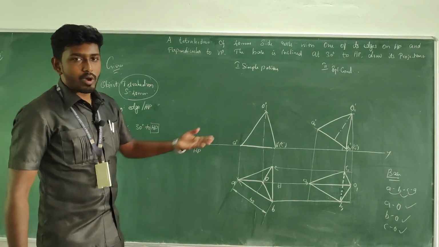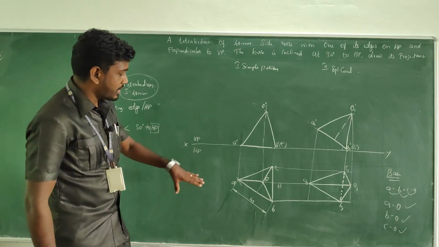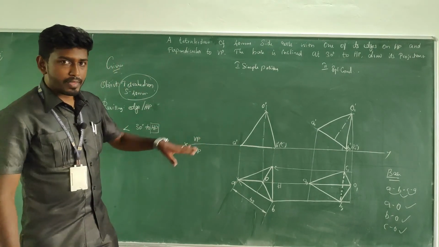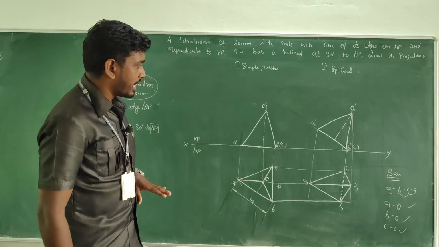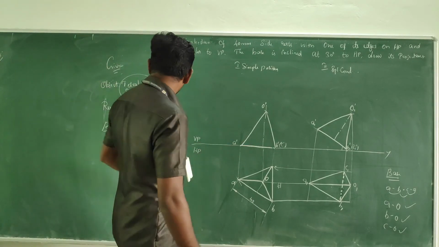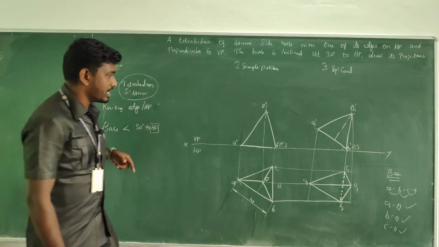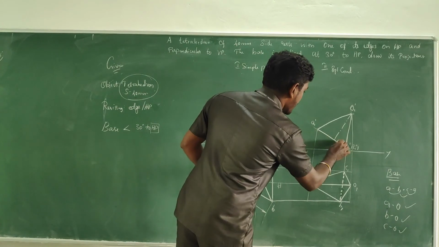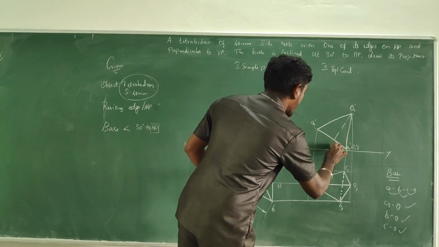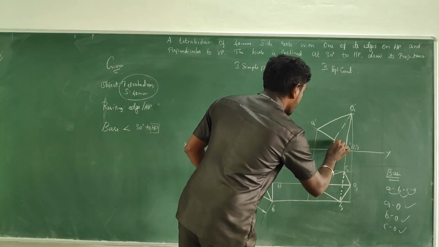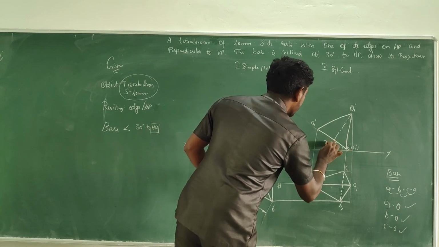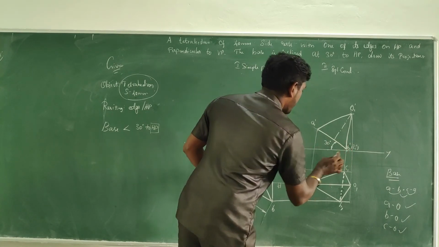There is no axis height, only the side is there, so no need to repeat the measurement here in the front view. And another is the base inclination, 30 degrees. So this is the base, and here you have to show the inclination as 30 degrees.